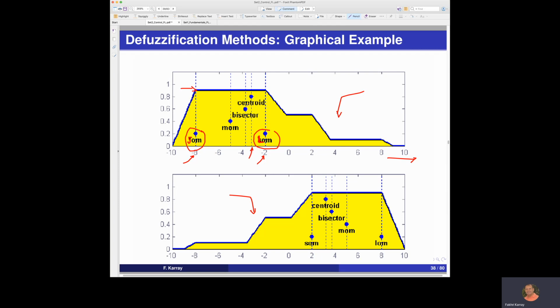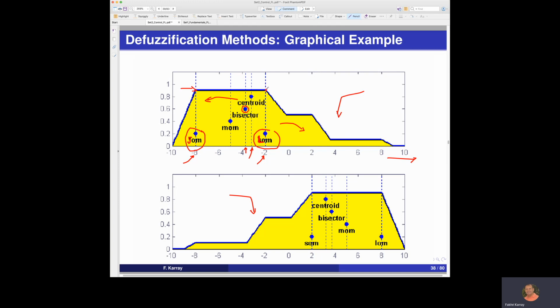And then we have the bisector of area. What is the bisector of area? It's the particular coordinate, located here, where the area from this region is equal to the area from this region. That's the bisector of area. And then the last one is the mean of maxima. What is the mean of maxima?